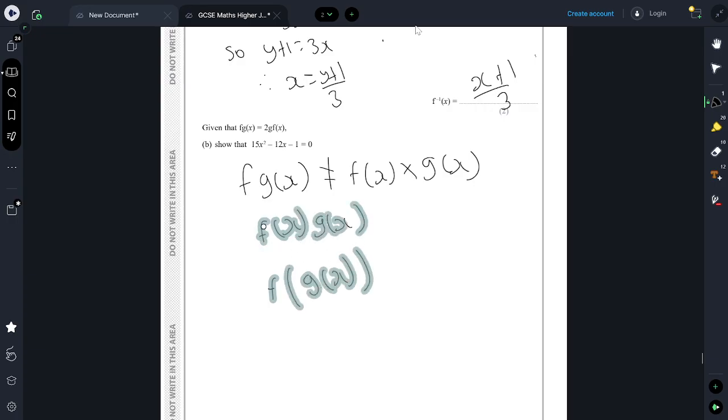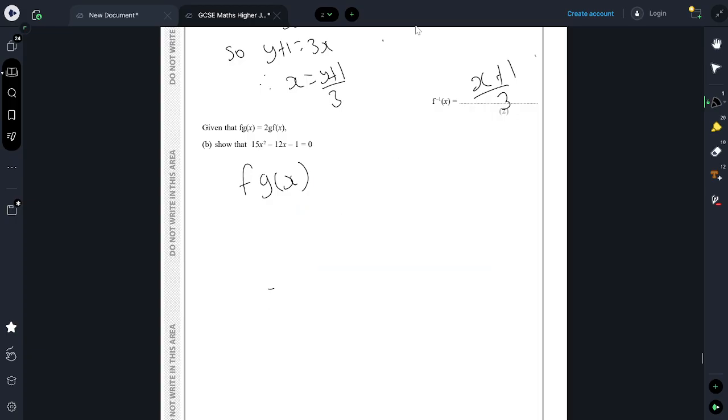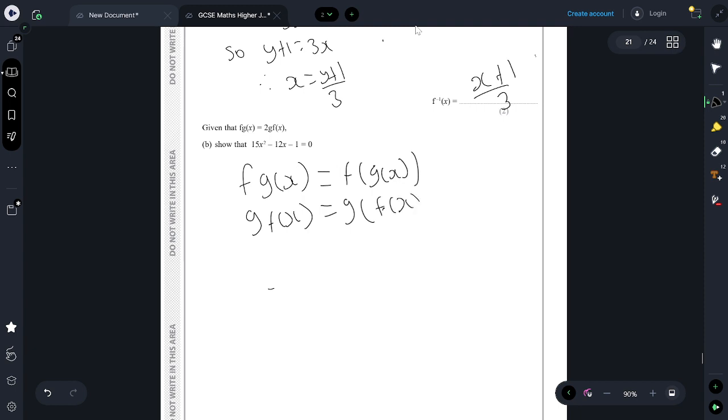Just to be clear, I don't like the notation, but that's what that means. So fg of x is f of g of x, and likewise gf of x is g of f of x.